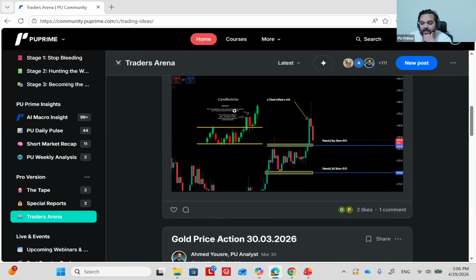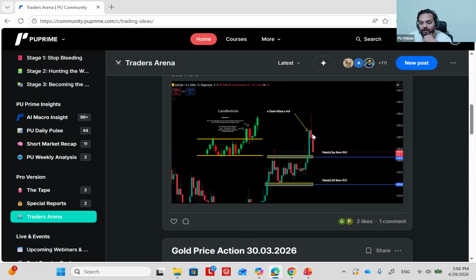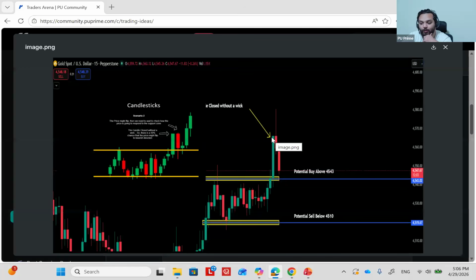So I told you guys there must be a breakout and then a retest, and then we go up. The same thing happens again. The candle closed without a wick, as you can see here. No wick, no wick. I've mentioned there is a retest, and then the price continued to push up.